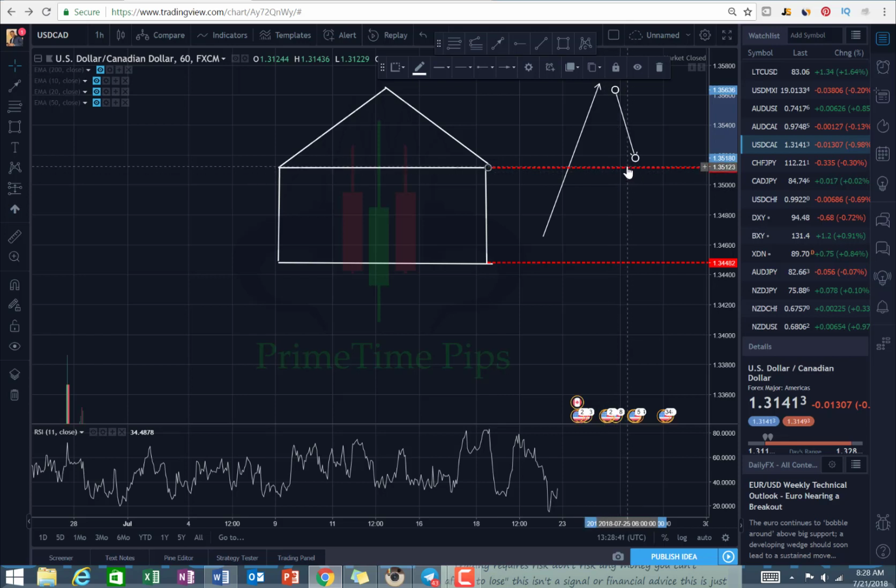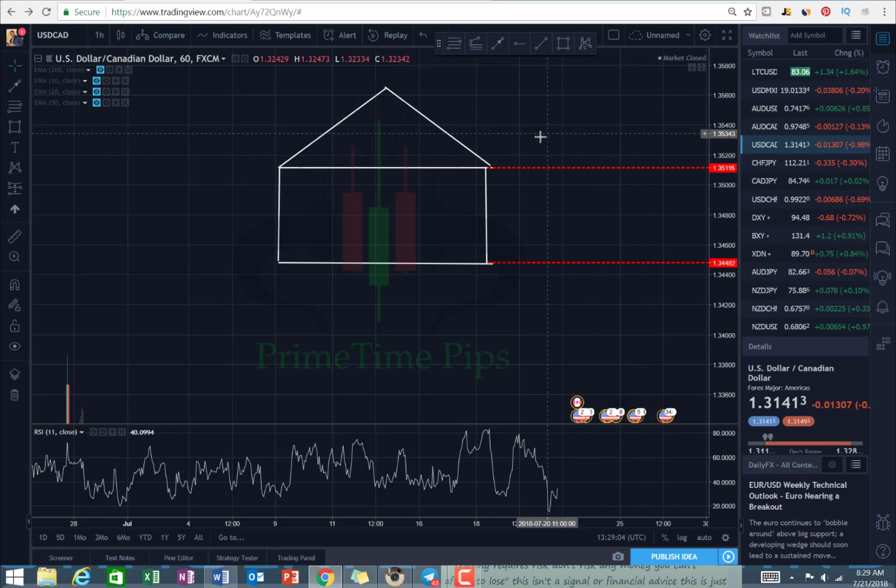It's support now, right? So resistance can change to support, and support can change to a new resistance point. Because if it's above it, this is not a ceiling anymore. If you're thinking about a house, you're definitely looking at a floor now. So that's something I wanted to go over: support and resistance can become resistance or support.